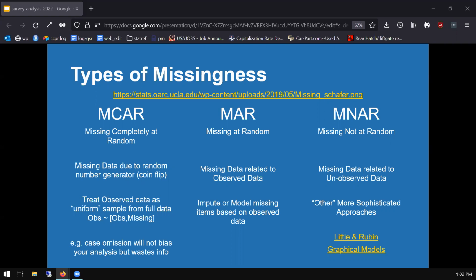Now that I'm rehydrated, short advice is use both. And if you have time, do a sensitivity analysis.